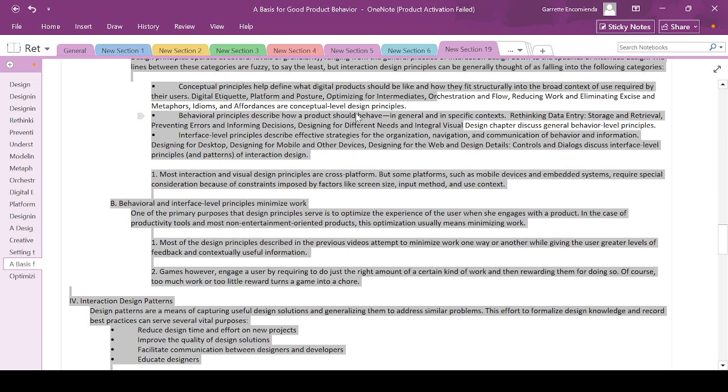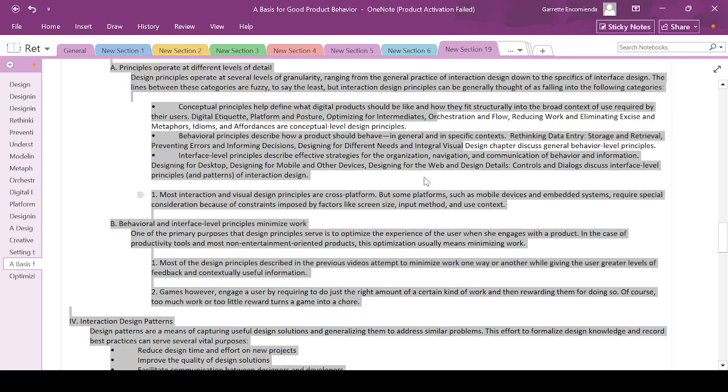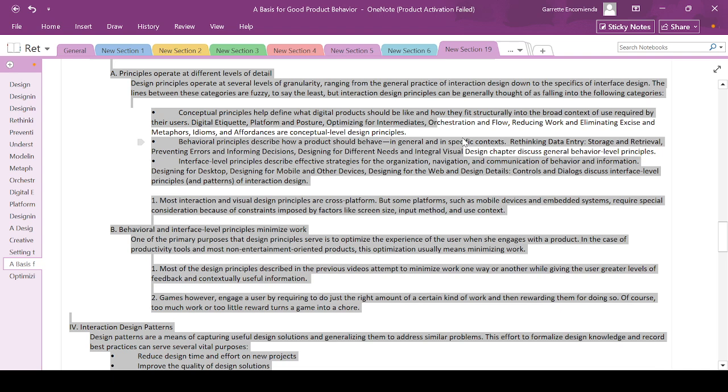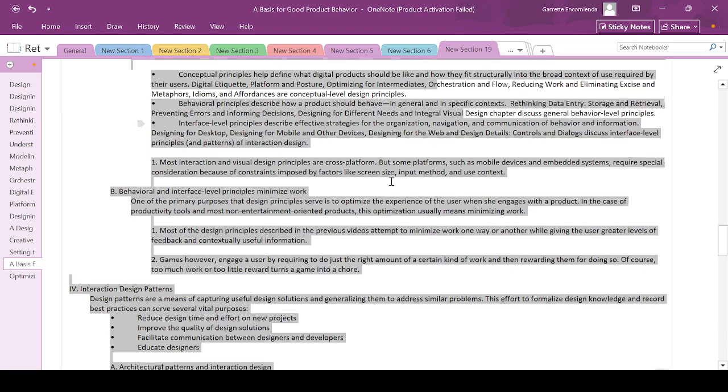Conceptual principles help define what digital products should be like and how they fit structurally into the broad context of use required by their users. So those are digital etiquette, the choice of platform, being considerate, optimizing for intermediates, orchestration of flow, reducing work and eliminating excise, and using metaphors, idioms, and affordances. These are all conceptual level design principles.